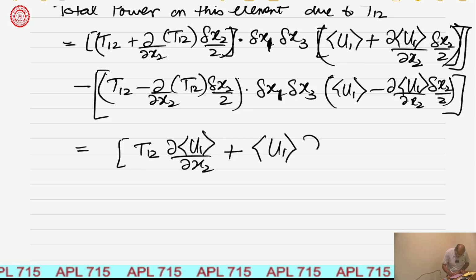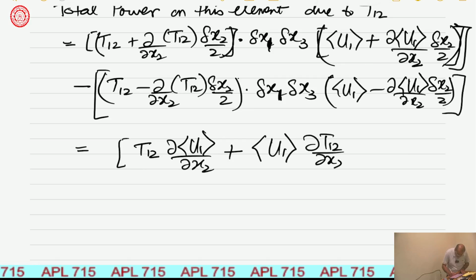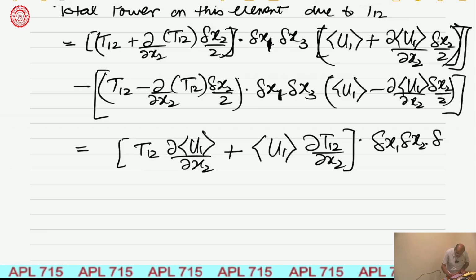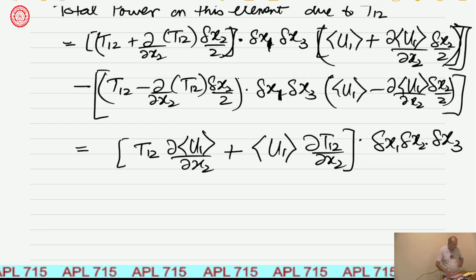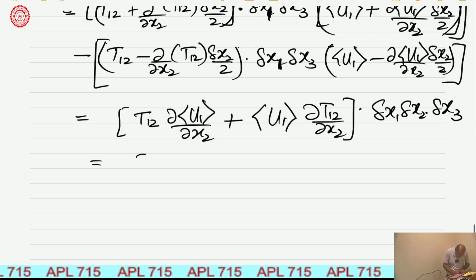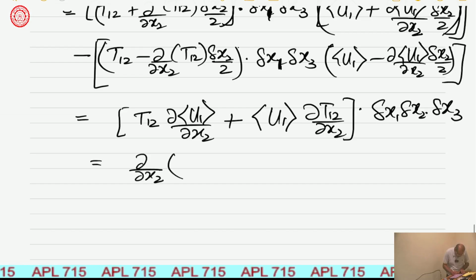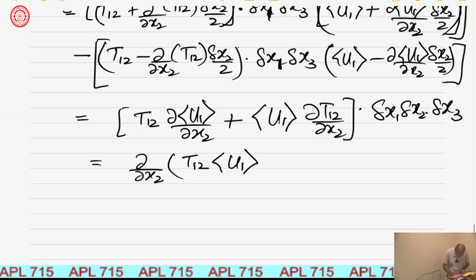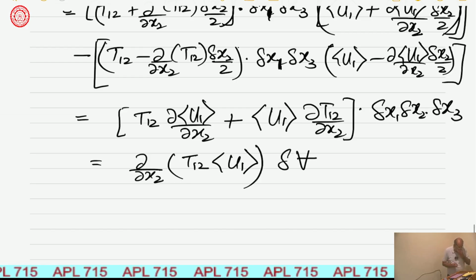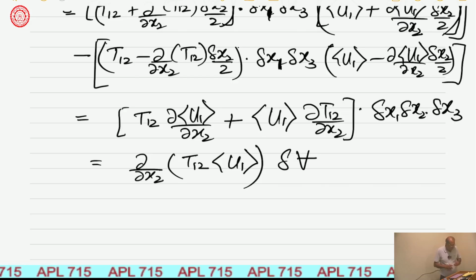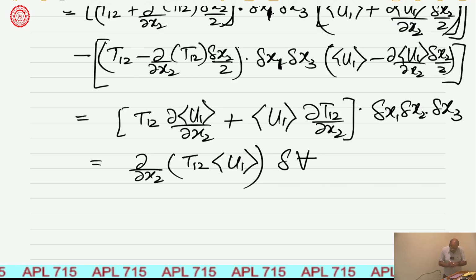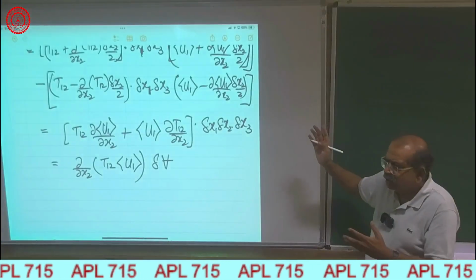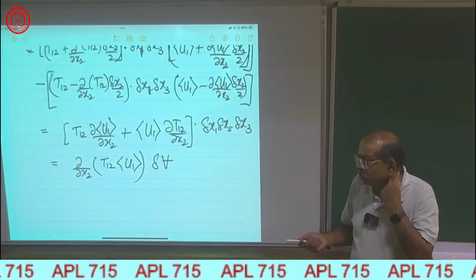u1 dt12 by dx2 times delta x1 delta x2 delta x3. And this I can write as d by dx2 of T12 times u1. So this gives me the total power which is generated by T12.